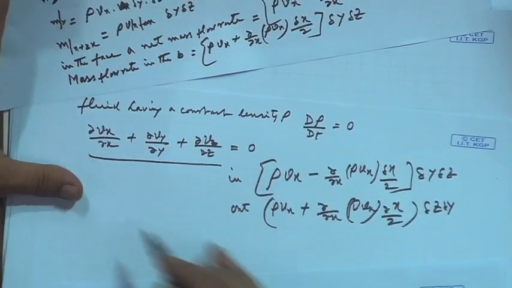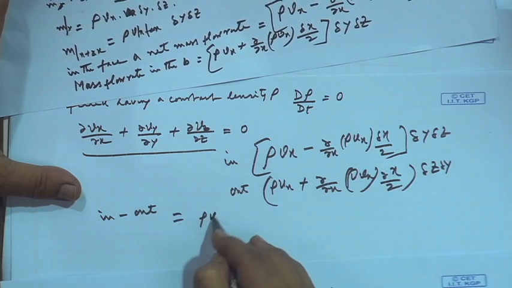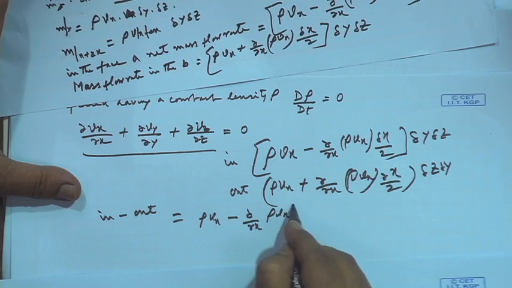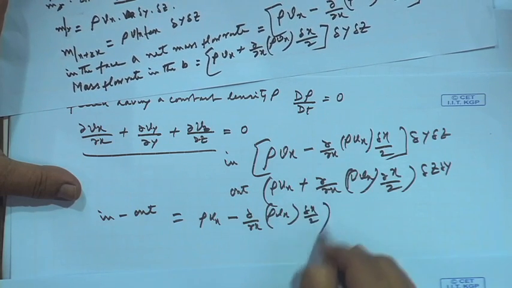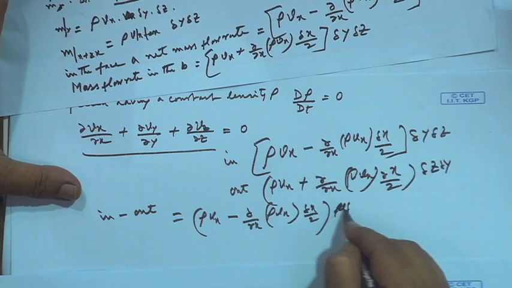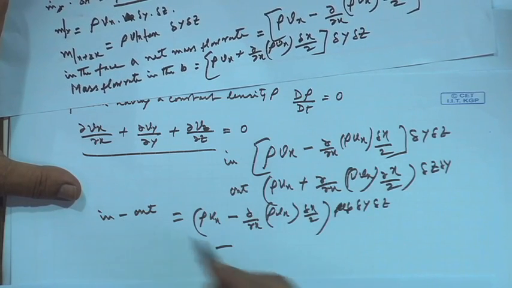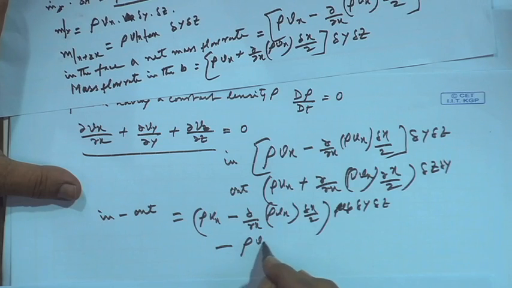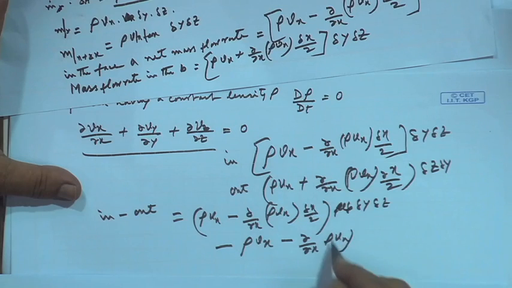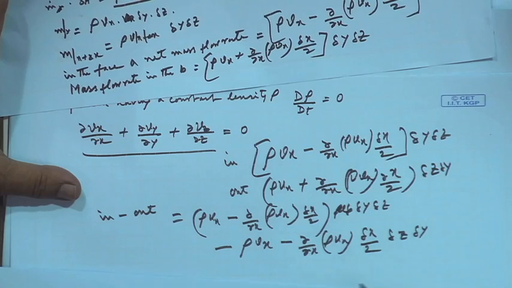Then if we make mass in minus mass out, it should be rho Vx minus del x of rho Vx del x by 2 into del y del z, right, minus, because it is mass in minus mass out, rho Vx plus del x of rho Vx into del x by 2 into del y del z, right.